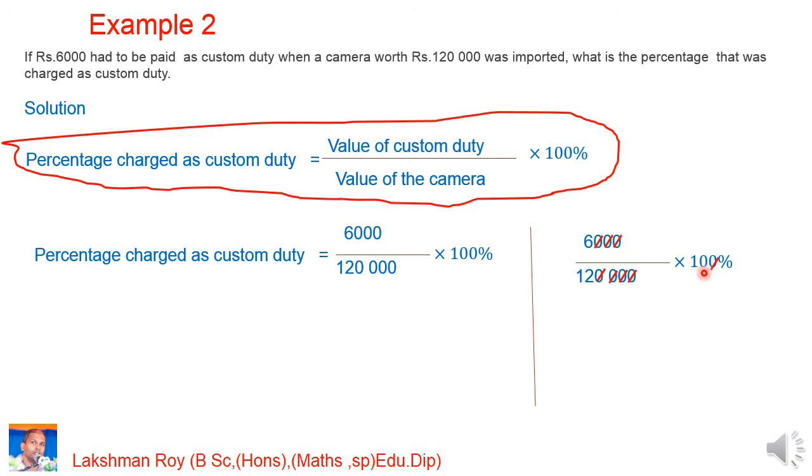Now another one, 6 and 12. How to simplify? 12 has how many sixes? 2 sixes. Then 10 should be divided by 2 and cancelled. 2 has one 2, 10 has five 2s. So 5 into 1 is 5%. 5% is the answer.